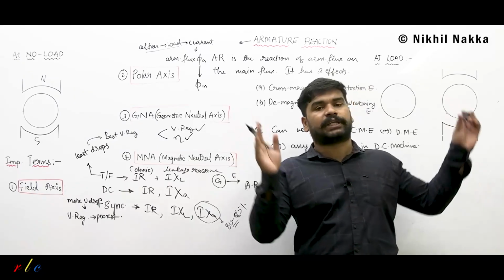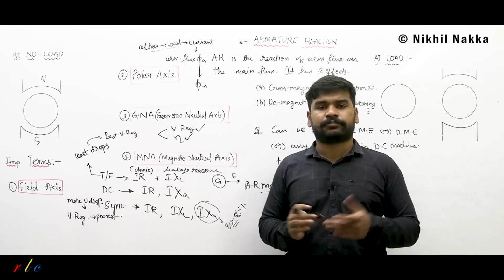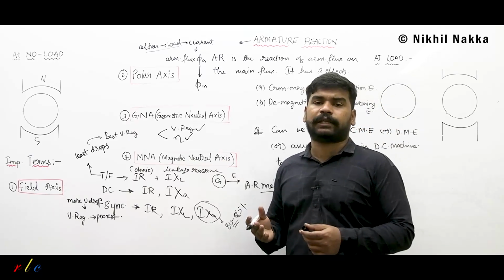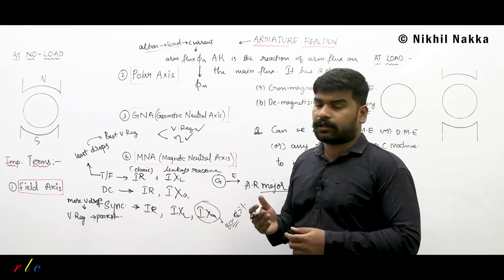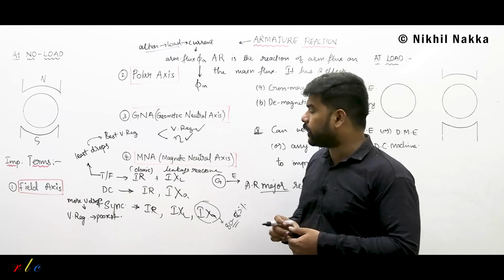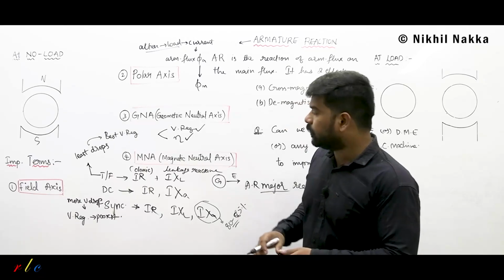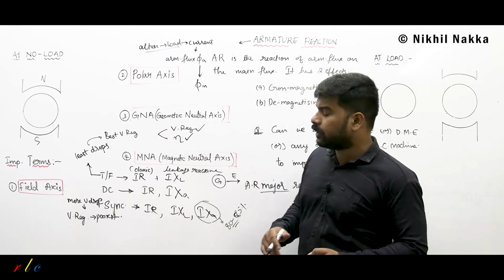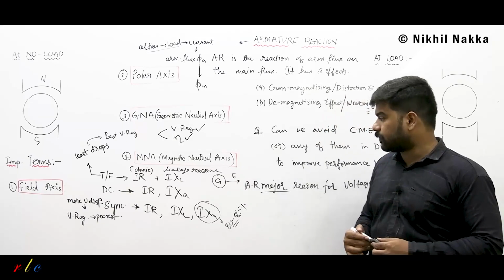Even if you take a very big transformer, a 400 kV transformer, it can't go more than 10%. Hardly, in practical cases, you will find 5 to 7% full load voltage regulation in a transformer. Understood? So best voltage regulation and best efficiency are the characteristics of a transformer.